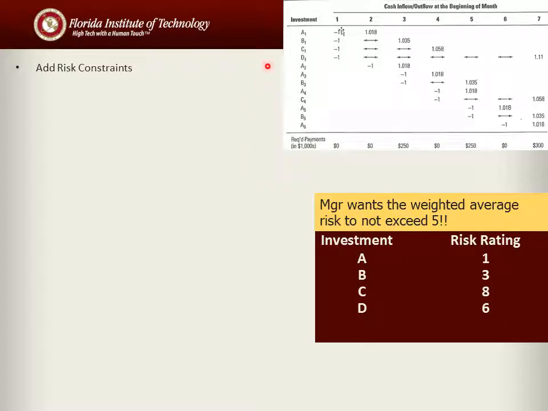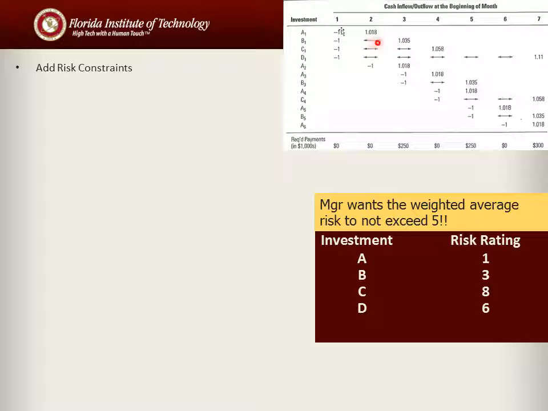Okay? What we need to realize is that risk begins as soon as we invest money and ends only when we receive a payoff from that investment. So, for example, if we invest here in B1, there's a risk associated with the investment that was done at the beginning of month number 1, and it's going to end only at the beginning of month number 3.